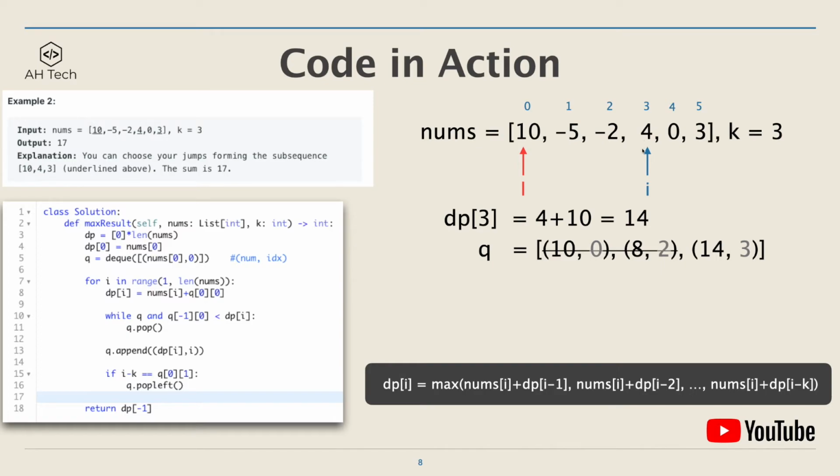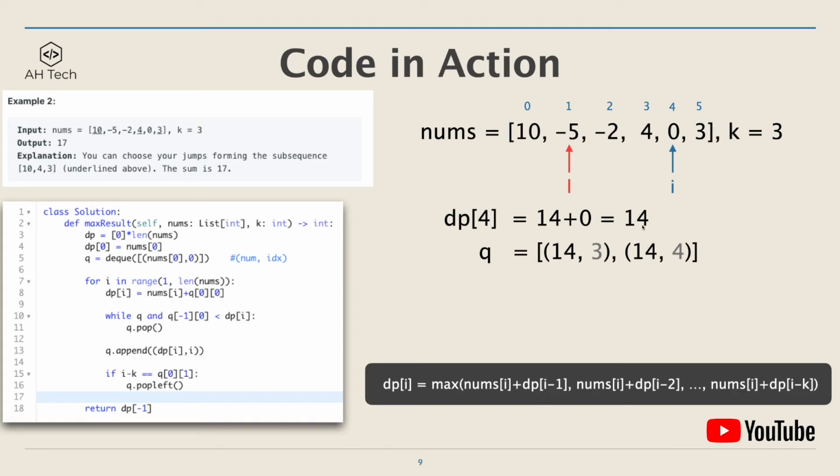And following the same process, at index 3, dp3 is 4 plus 10, which is 14. And then push 14, 3 into Q. And now 14 is bigger than either 8 or 10. So we will pop 10 and 8 both from Q. And at index 4, dp4 is 14 as well.